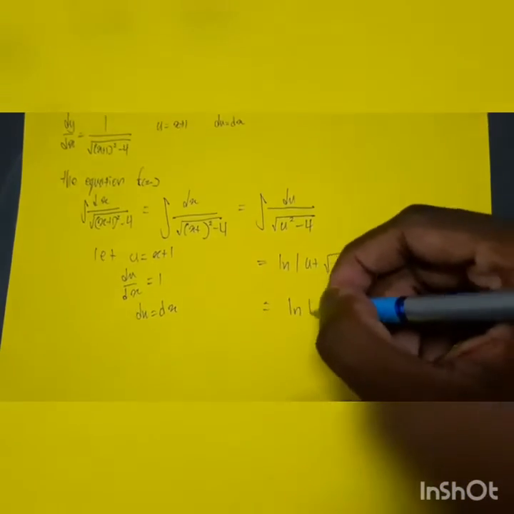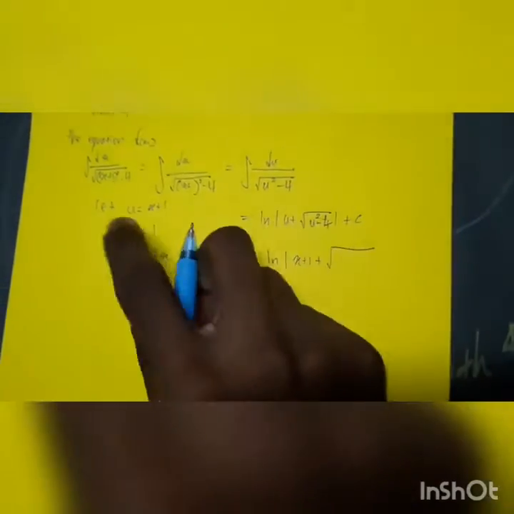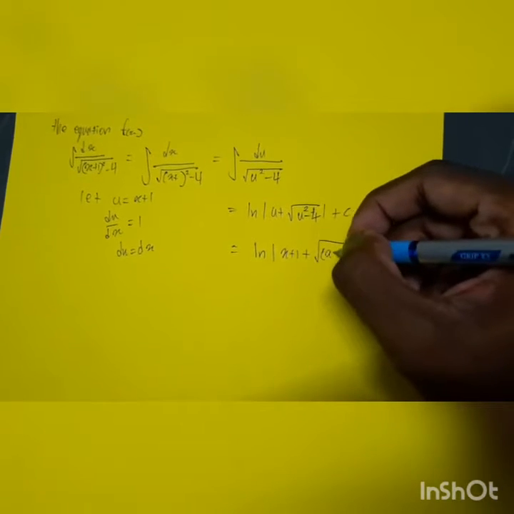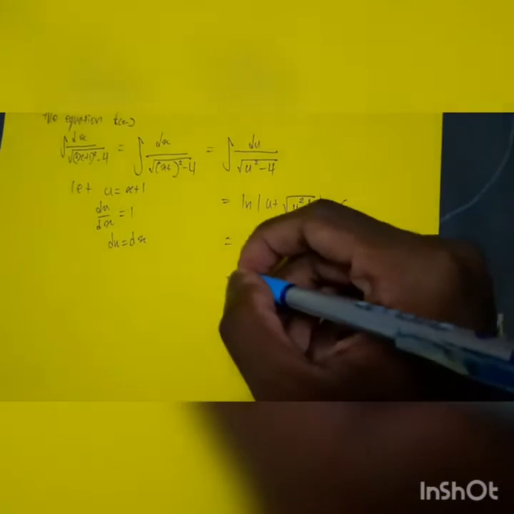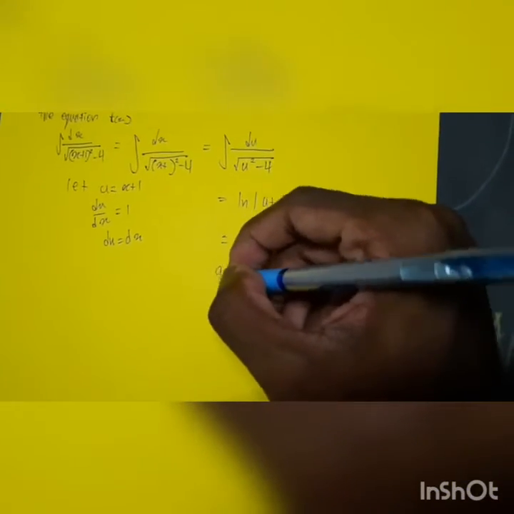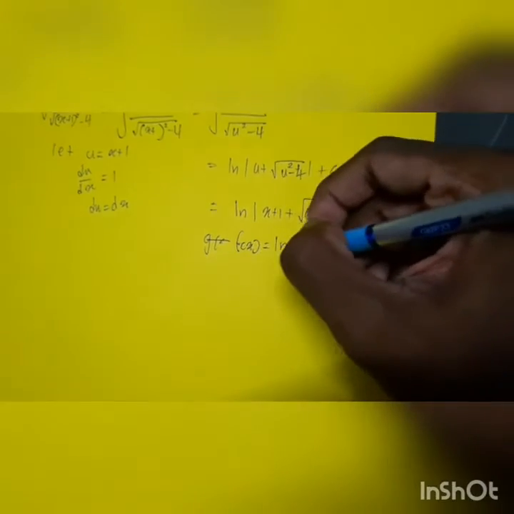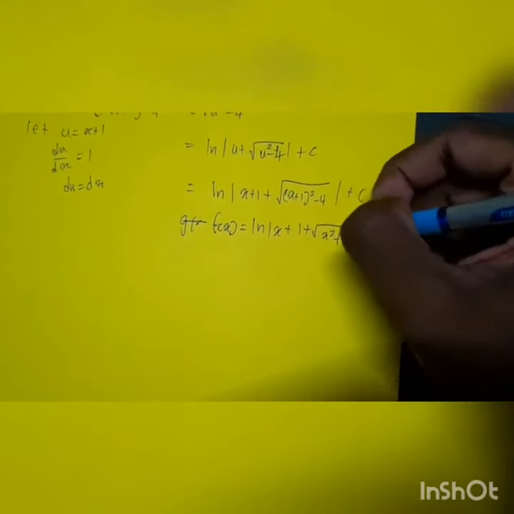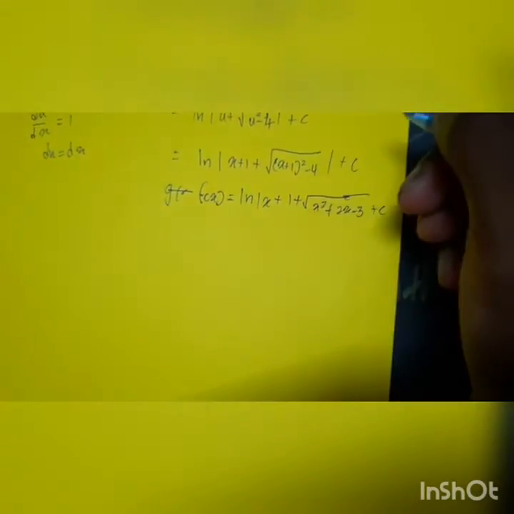We will substitute back u equals x plus 1 into the equation, which would look like that. So our final equation for f(x) is ln of x plus 1 plus square root of x squared plus 2x minus 3, plus c, by expanding that.